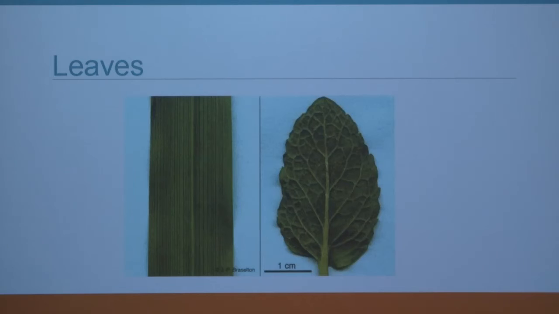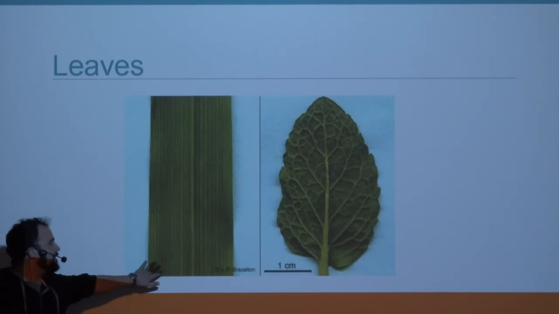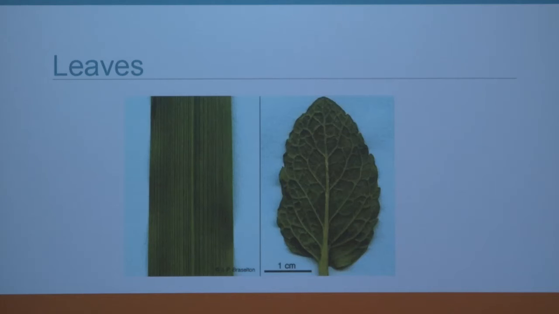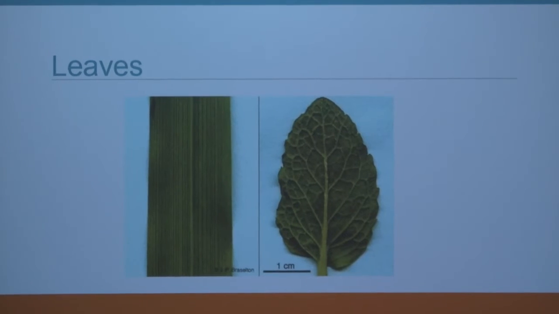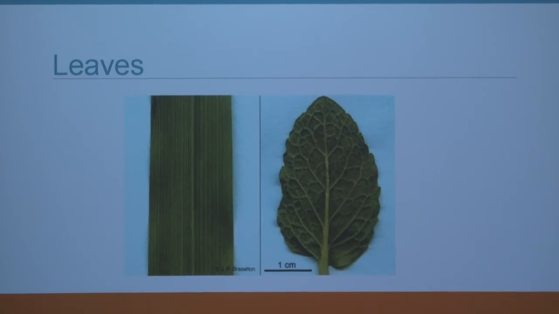So the first thing you'll see when a plant starts to grow is the actual leaves. Now, this leaf here is a monocot. Monocots are basically anything that's a grass: your lawn, lilies, palms, they're all monocots.